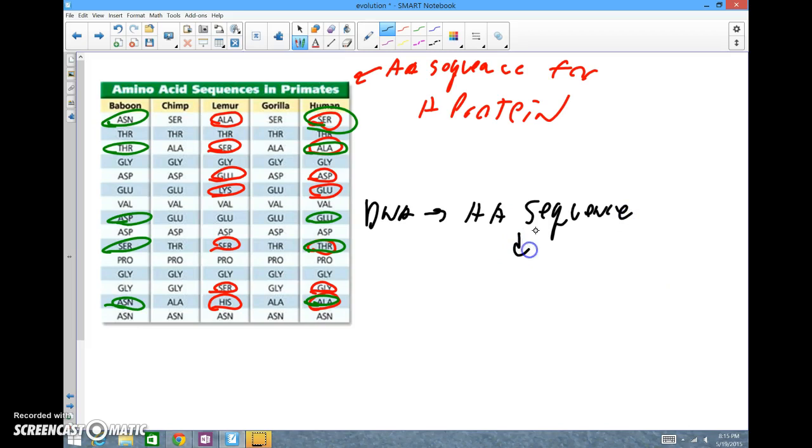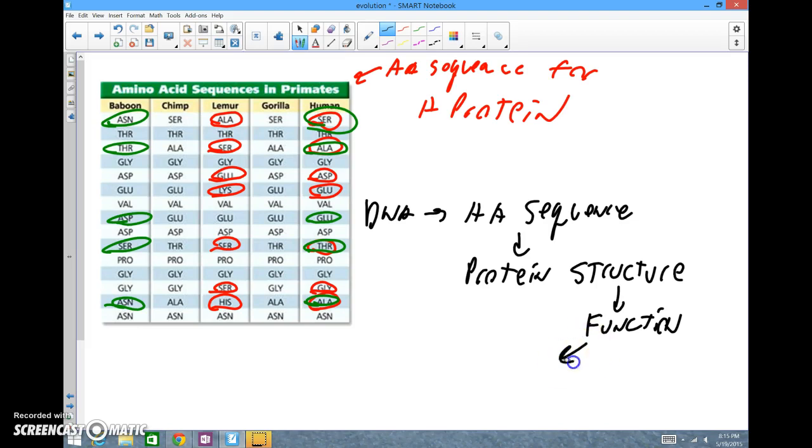Your amino acid sequence gives you your protein structure. We've talked about how structure equals function. So that means that the amino acid sequence gives us our protein function, and our protein function is our traits.